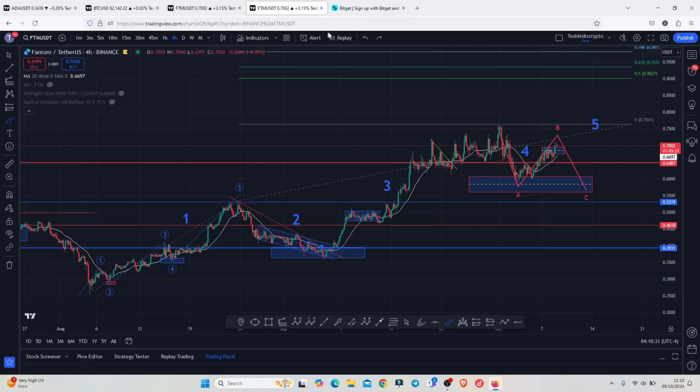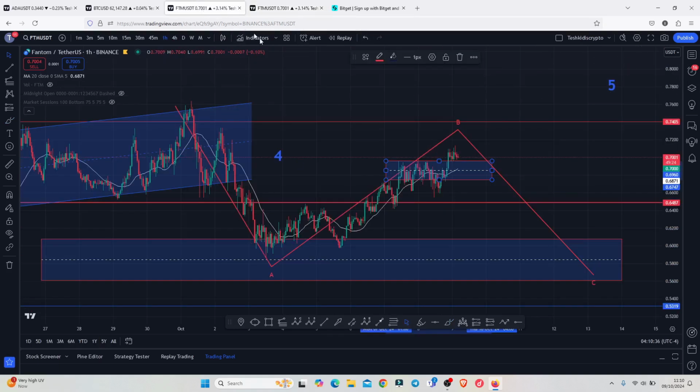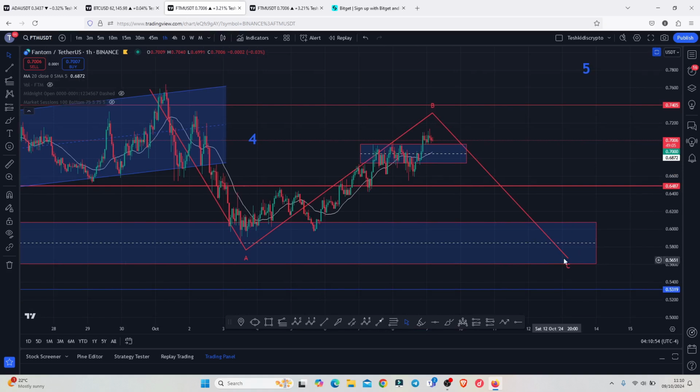And jumping to the 1-hour chart to show you the reasons as to why I believe we can easily see that bounce in the next coming hours. The alternative scenario was that if we don't have a low in place in this Elliott wave count 4, then whatever we are seeing is an ABC corrective structure, having this as a wave A, then a bounce in a wave B, and I'm expecting that we can also get a wave C to the lower side, fully maximizing the minimum target areas.